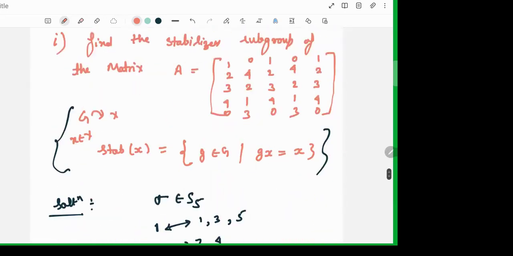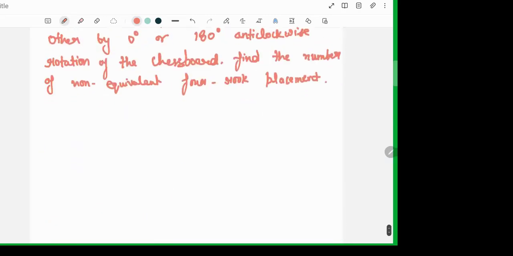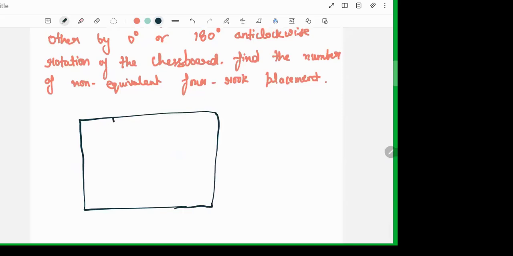Let me explain. Let me draw a square and draw pictures, then maybe things will become clear. Suppose this is 4 cross 4, with rows and columns 1, 2, 3, 4.